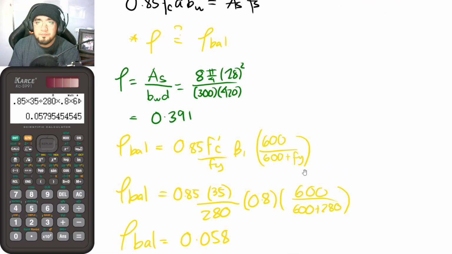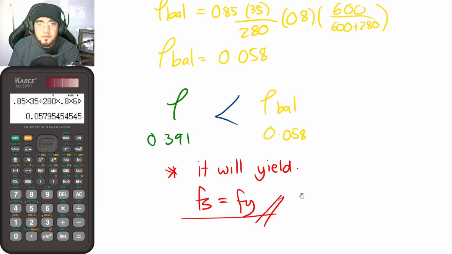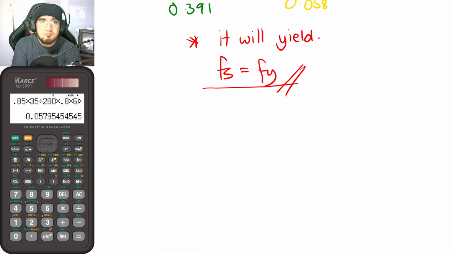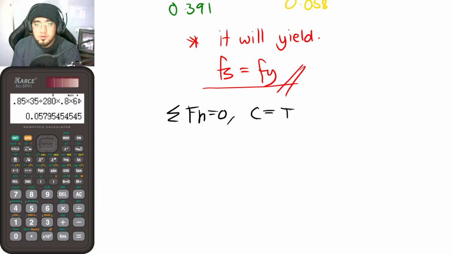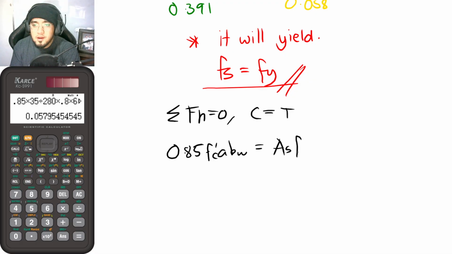From our summation of forces horizontal equal to 0, once again C is equal to T. So 0.85 times F prime C times A times B W is now equal to, instead of writing As Fs, we would just be writing As Fy.